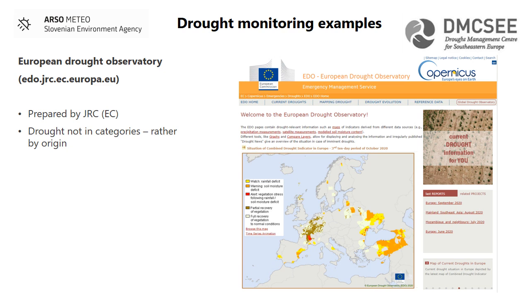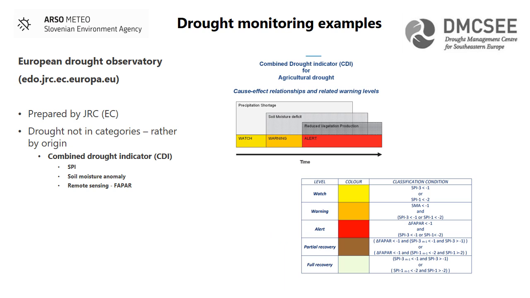All this is of course prepared similarly as in the American case. There is a different blend of different indicators, and this blend is then called the combined drought indicator. You can see how it is prepared here in the bottom table. Again, for the precipitation anomalies, there are some specific levels of standardized precipitation index. There is again soil moisture anomaly, similarly as in the American case.